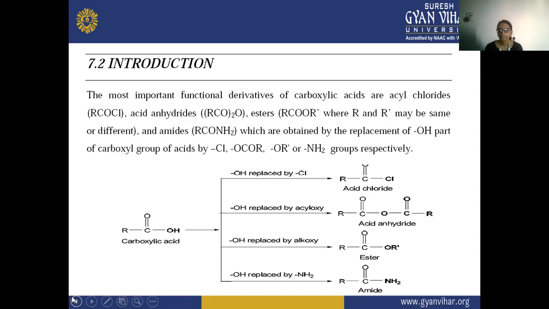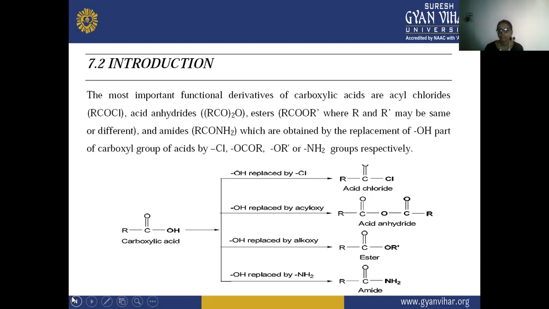In the carboxylic acid, you can see there is an alkyl part on one side of the carbon atom and on the other side a hydroxyl group, and this carbon is attached to oxygen with a double bond, and with single bonds to the alkyl part and the hydroxyl part. So from this carboxylic acid, the carboxylic acid derivatives are formed.